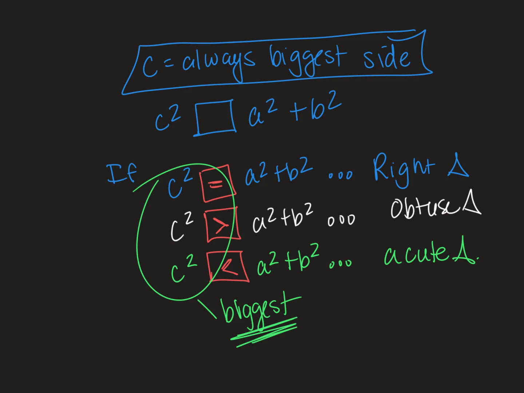Okay, and the first one we're going to look at is the side lengths of 10, 14, and 16. So please call this example 1. We're only going to do 3. Example 1, let's say the sides are 10, 14, and 16.